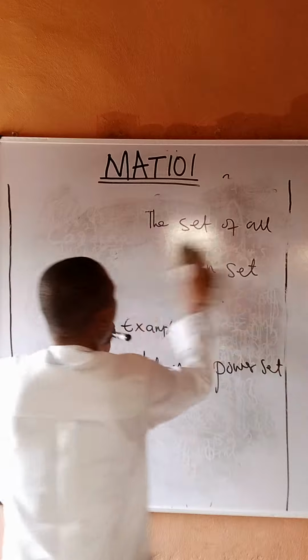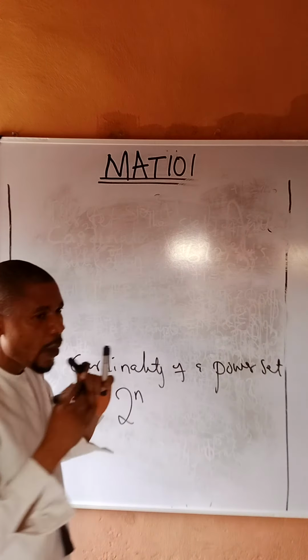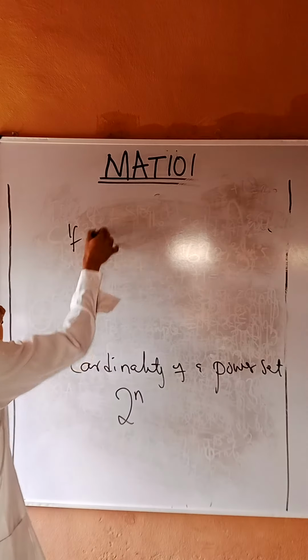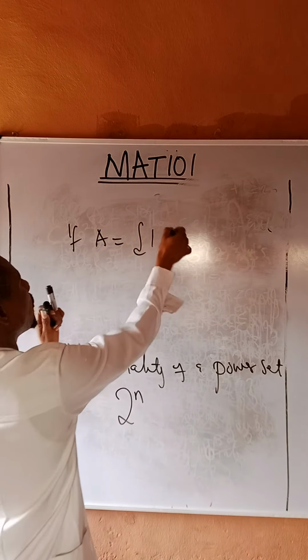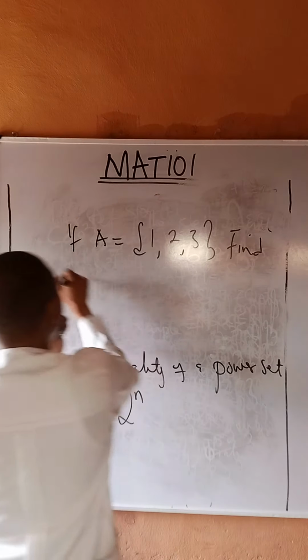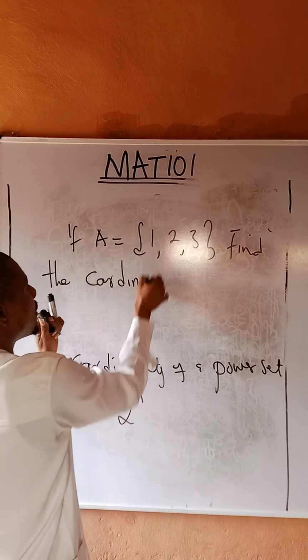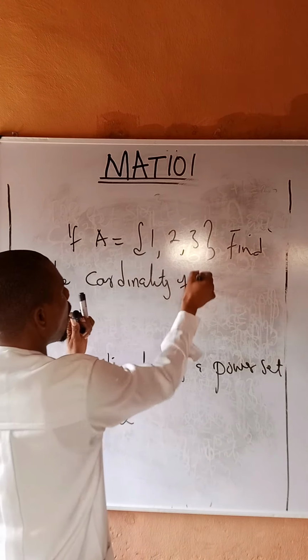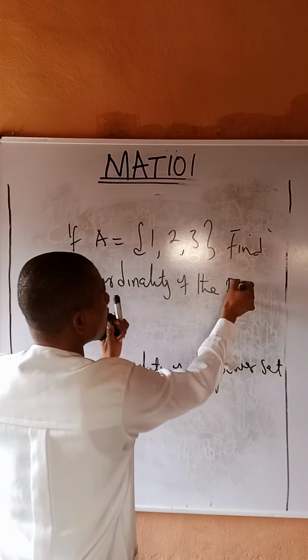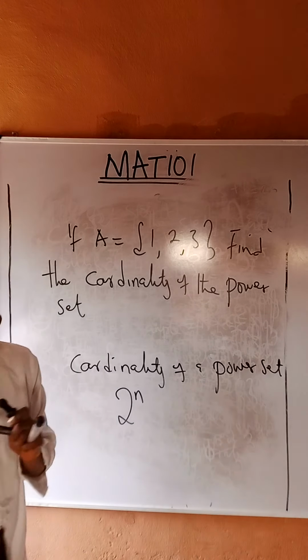So if you are asked to find the cardinality of the power set, if A is equal to 1, 2, and 3, the examiner says, find the cardinality of the power set.